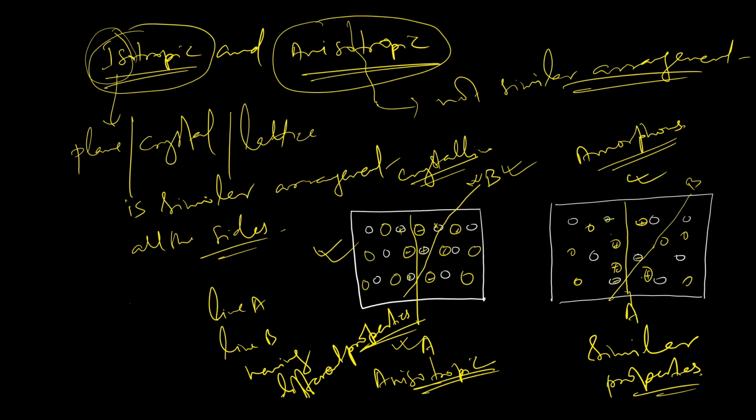Wherever you draw a line, whether A or B or C, everywhere you will get similar properties. The amorphous solid has irregularities, that's why you won't get different properties from different lines you draw.